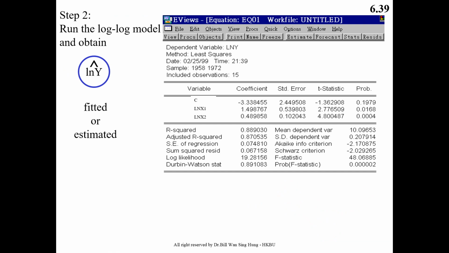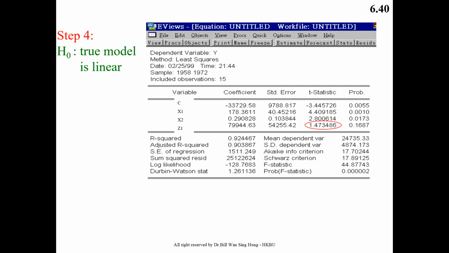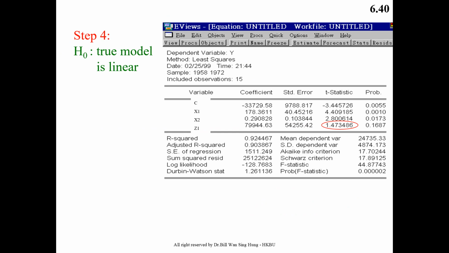Run the log model and obtain the natural log of y hat, the fitted and the estimated, and here the coefficient of variation is 0.0074. Then this is step 4. The true model is linear, and the coefficient of Z1 is 1.47, which is not significant.